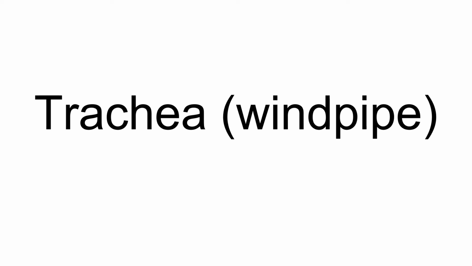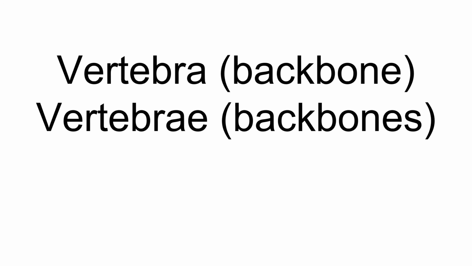Thoracico is your chest. Tracheo is a trachea or windpipe. Vertebra. Now remember this one. Vertebra is one backbone. Vertebrae is 2 or more. So vertebra is a backbone. Vertebrae is backbones.